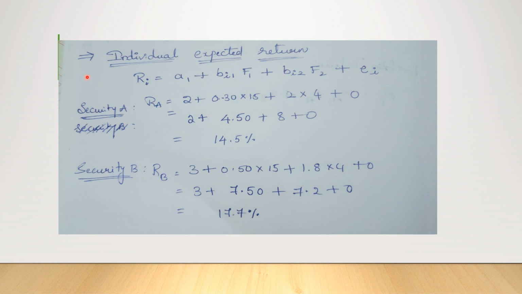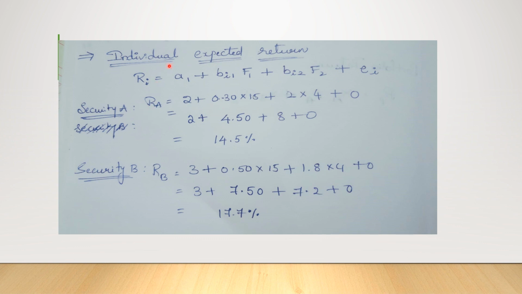For this, you have to find the individual expected returns. We have the formula for the two-factor model: Ri is equal to Ai plus Bi1 into F1 plus Bi2 into F2 plus Ei.